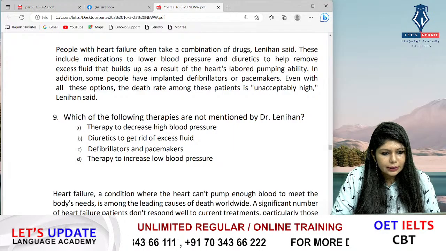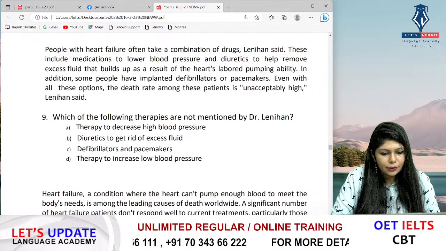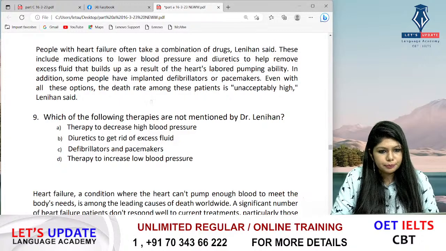So that is question number 9. Which of the following therapies are not mentioned by Dr. Linehan?